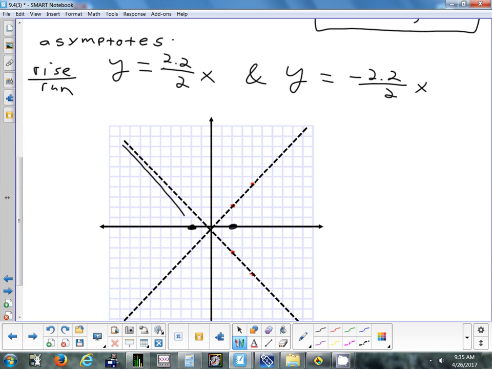So something like that. Kind of like that. Good enough. Okay, so the asymptotes really help you with the width of the branch. Okay, as far as graphing, that's probably the only graph I'll do today. Okay, any questions on that?